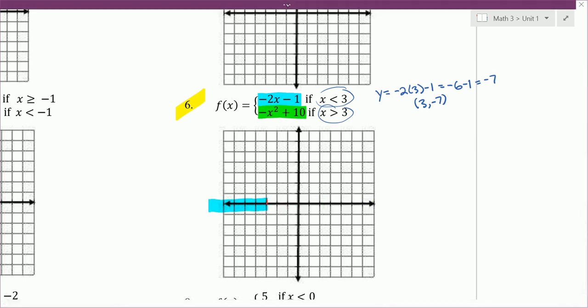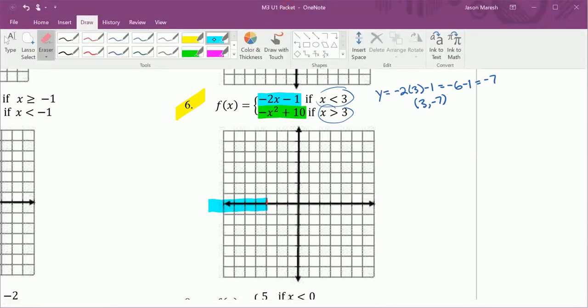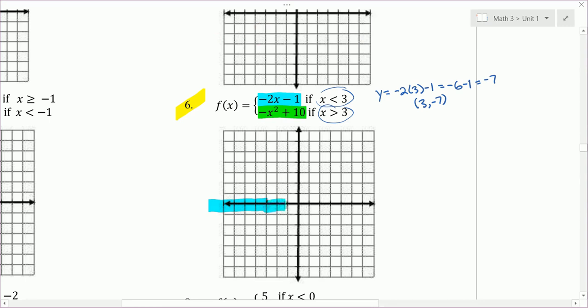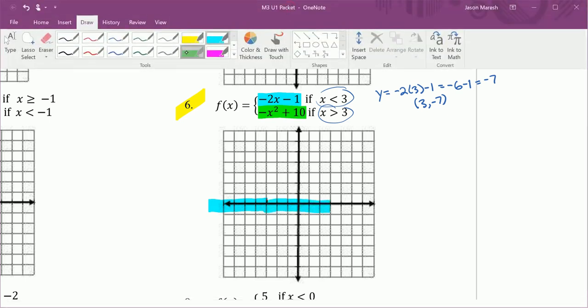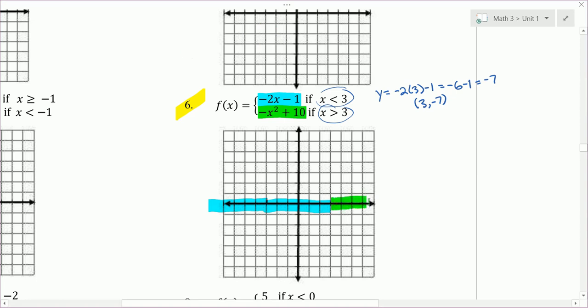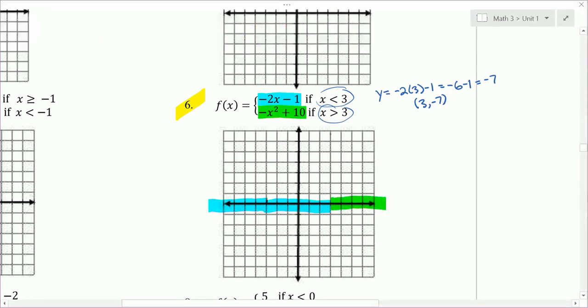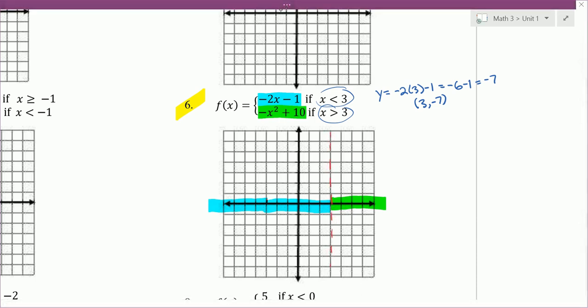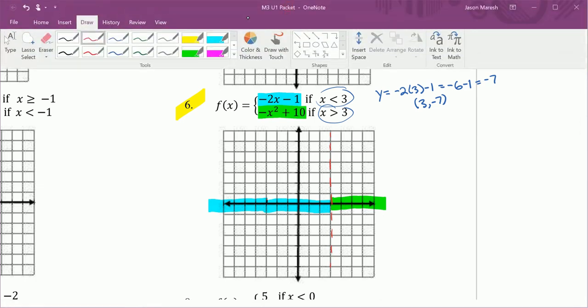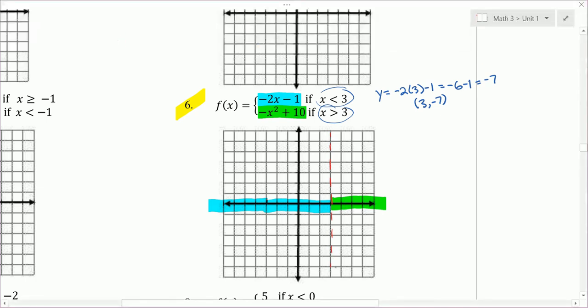So this actually goes all the way to positive 3. That's where they cross. And (3, negative 7) is right here. That is better now.